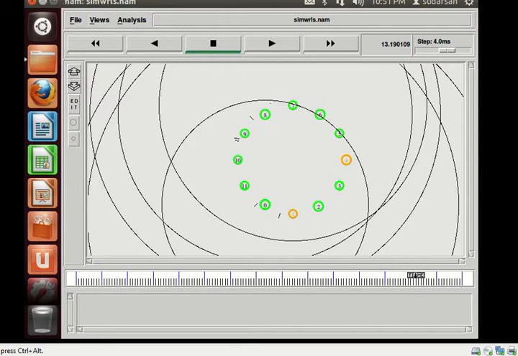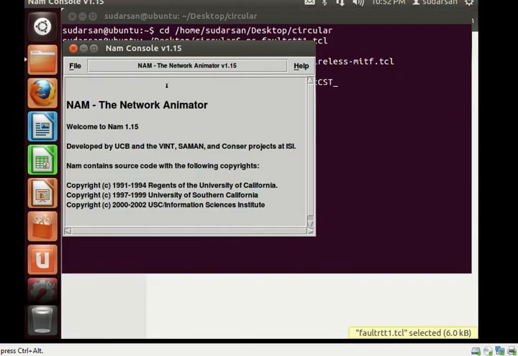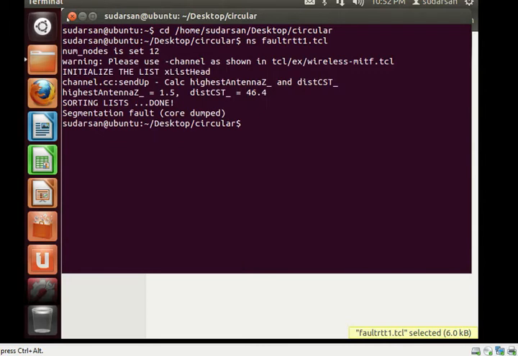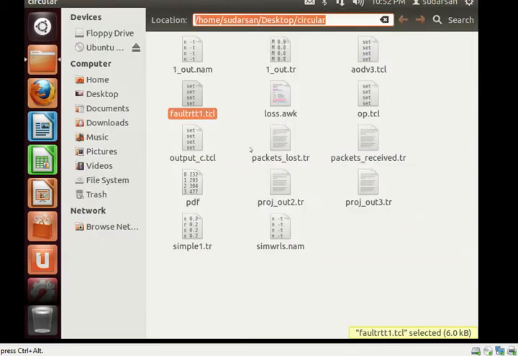In order to overcome this disadvantage, let us consider another example, that is our proposed system, which is with the help of an RTD method. Now let us check this example.